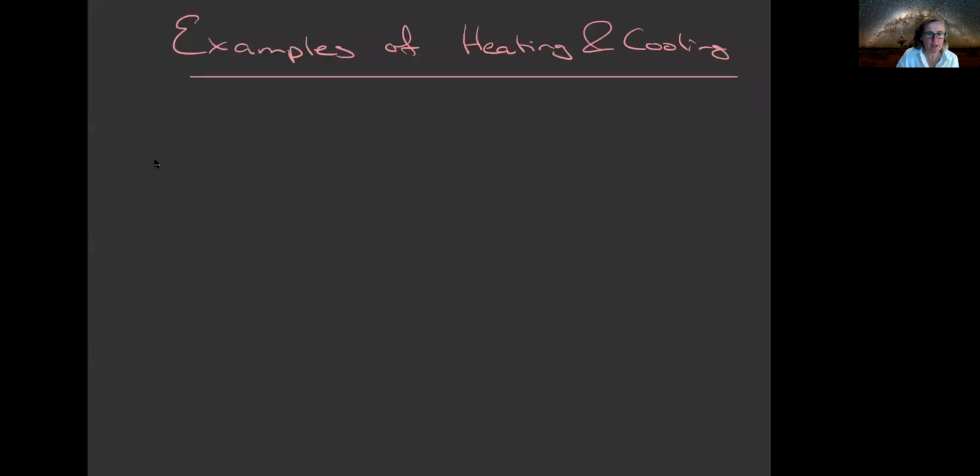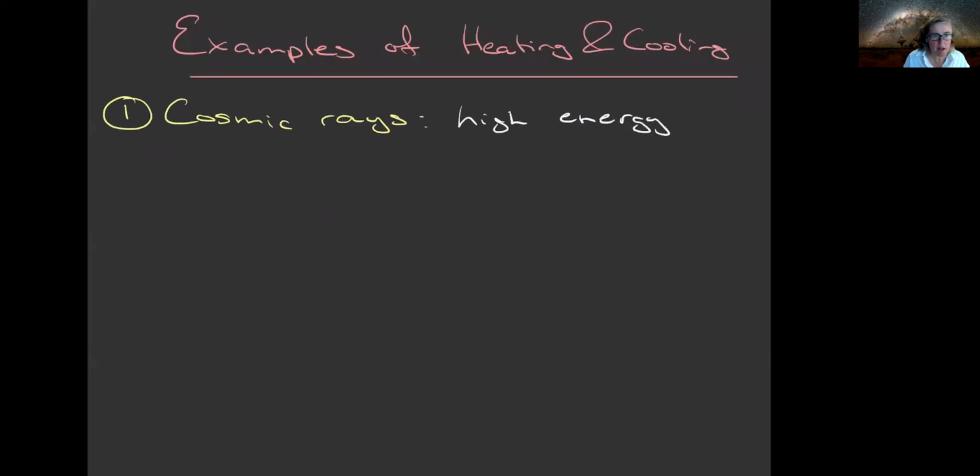So some examples of heating and cooling are, the first one I want to talk about is cosmic rays. So cosmic rays are an important source of heat in the interstellar medium. And cosmic ray heating comes about through high energy particles, which collide with atoms.